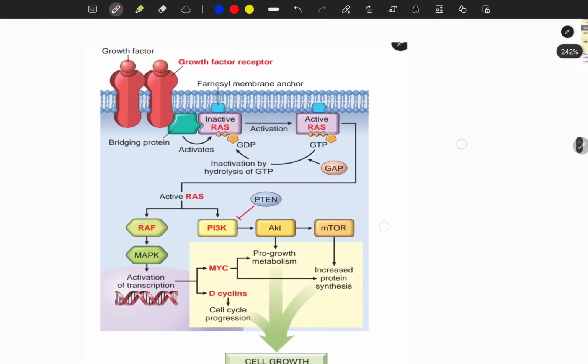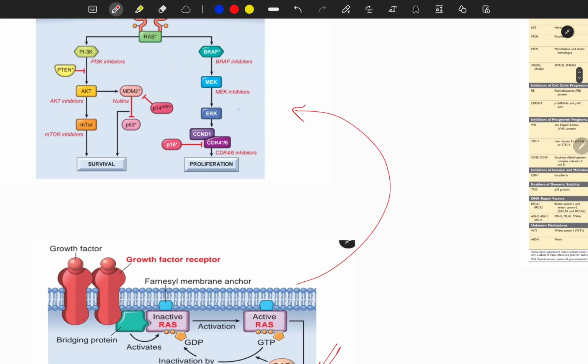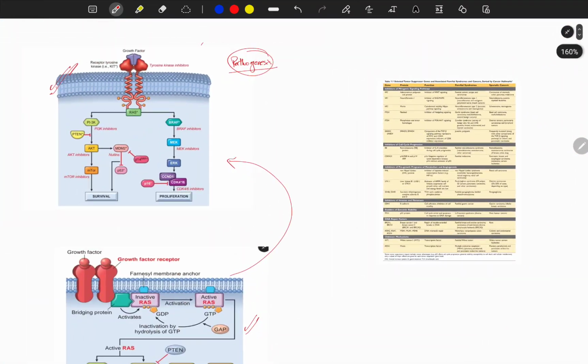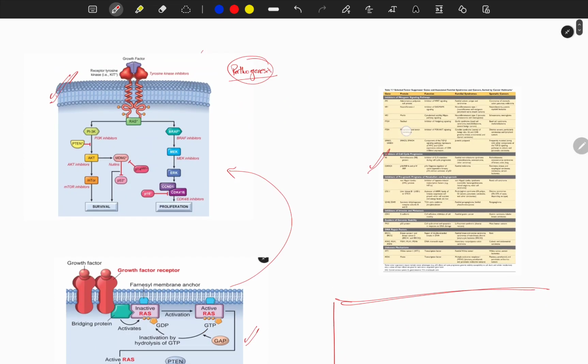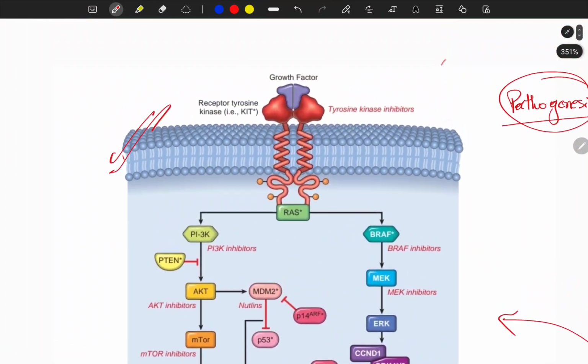I'll explain this to you first, and from there we'll connect these both, and this table also will help you, and then we'll wrap it up.